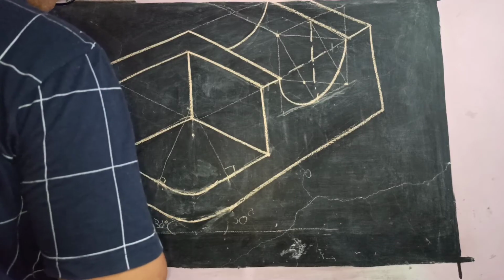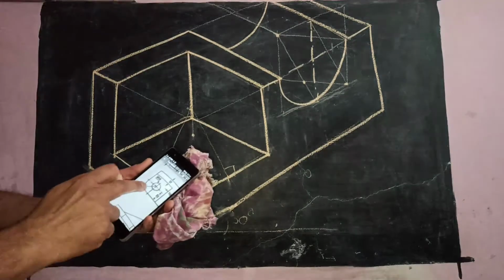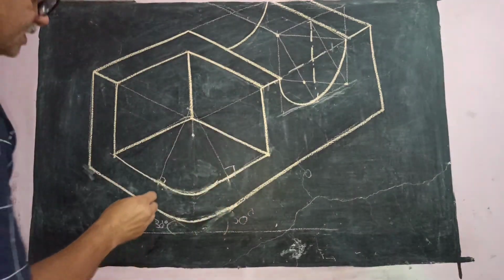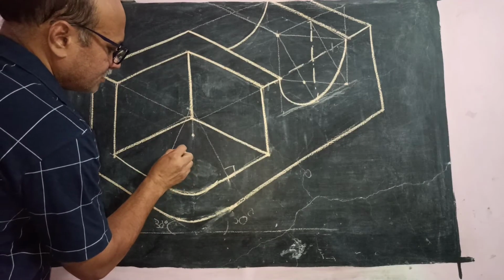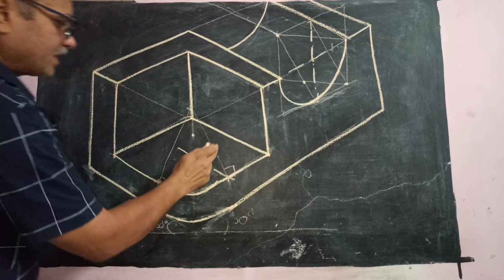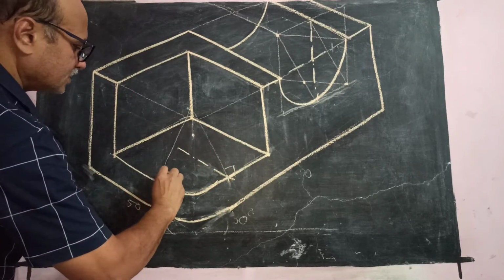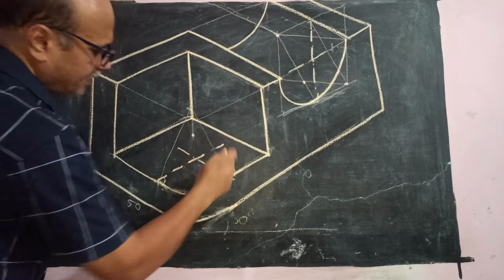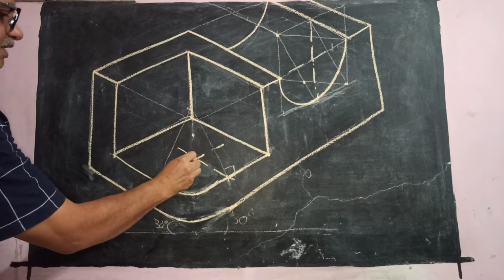That hole is having diameter of 15. See this, and this center line is at 20. So this is one center line parallel to this, and this is another center line parallel to this. So this is the center you will get.